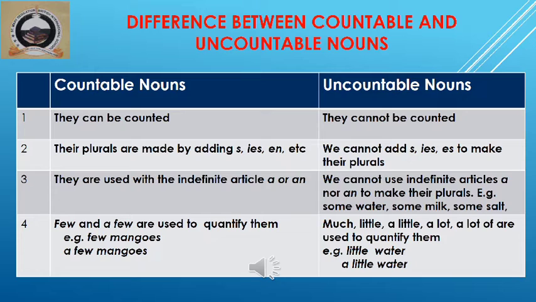Number 3, they are used with the indefinite article a or an. Countable nouns are used with the indefinite article a or an. And uncountable nouns, we cannot use indefinite articles a nor an.